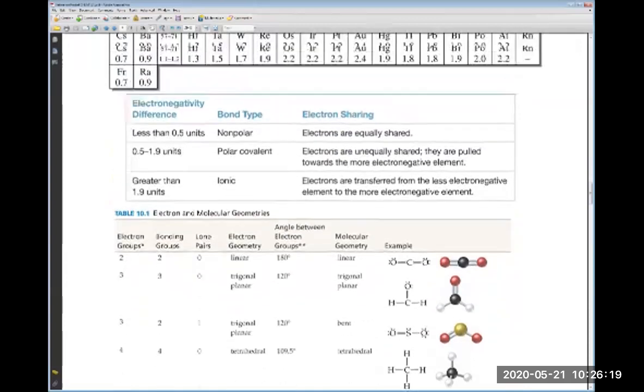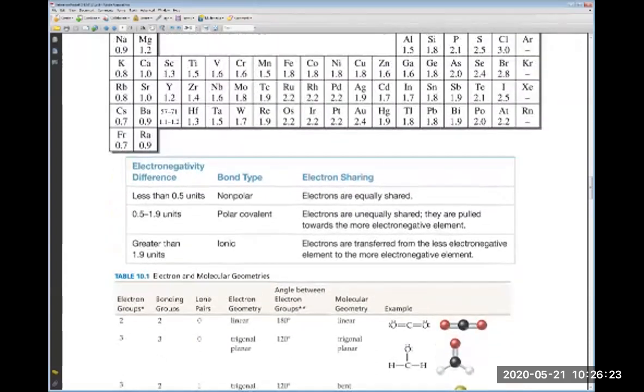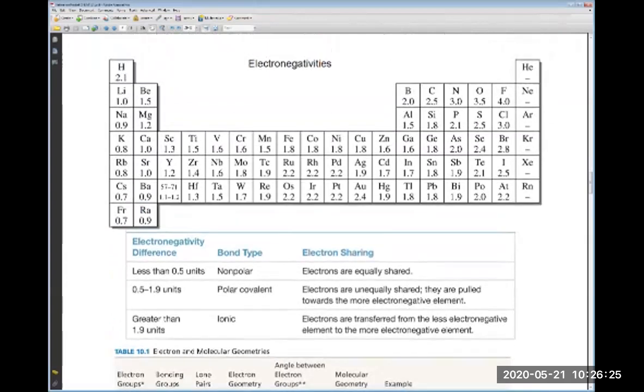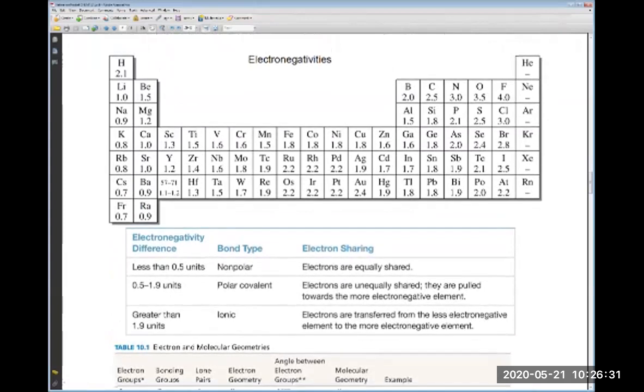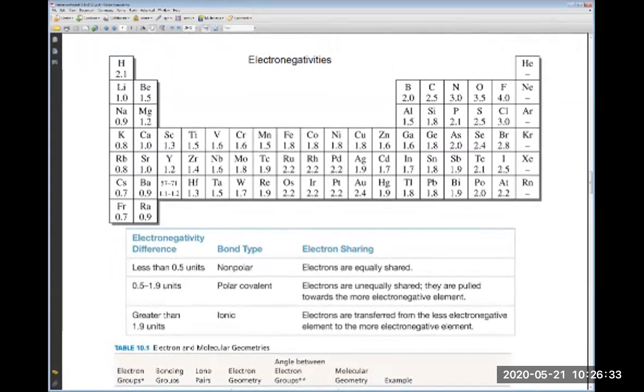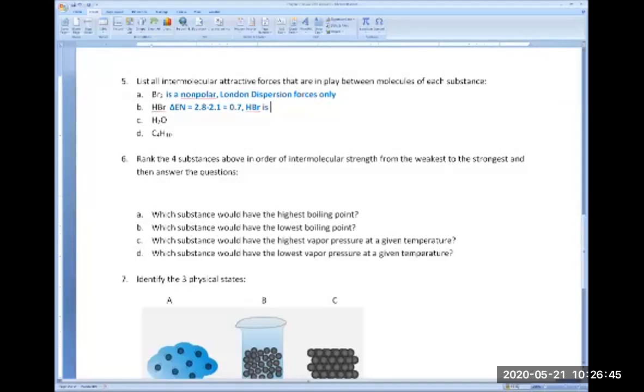So anything that you used for chapter 4. Here you see that an electronegativity difference of 0.7 is between 0.5 and 1.9, which means it's considered polar covalent, right? So the HBr bond is polar covalent. So it's polar.